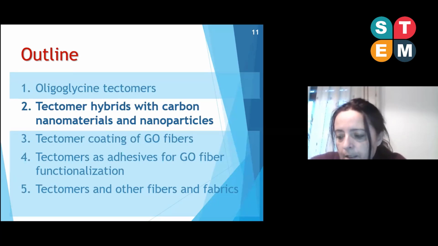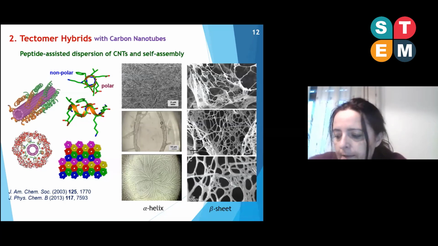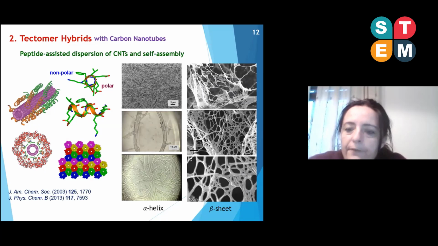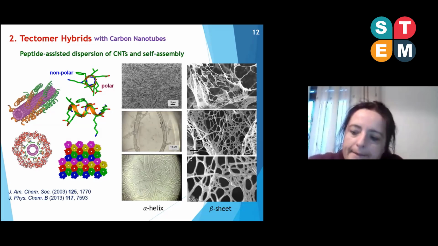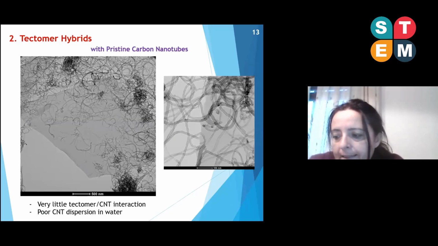Tectomer hybrids with carbon nanomaterials and nanoparticles. We have shown previously that carbon nanotubes can be successfully dispersed using amphiphilic alpha helix and beta sheet peptides. Guided by this experience, we first attempted to disperse pristine HiPco single-wall carbon nanotubes and multi-wall carbon nanotubes in water using tectomers.